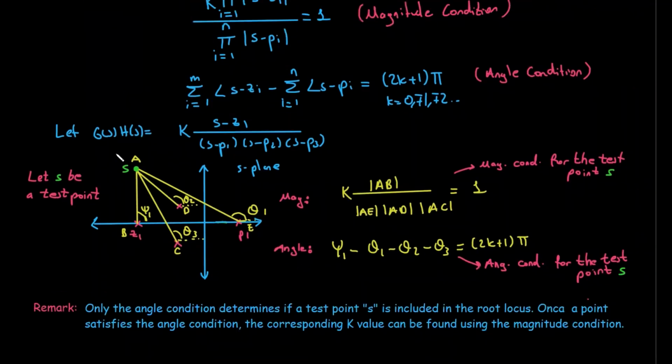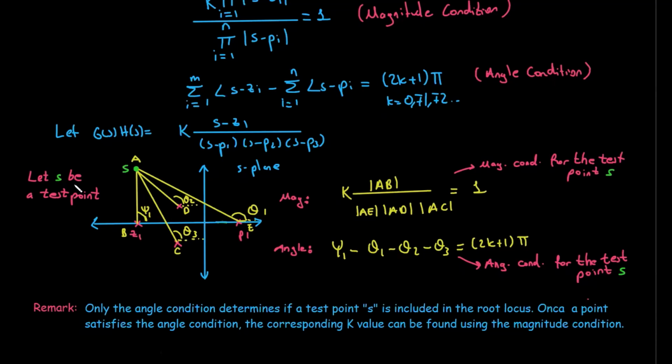So suppose we are given a test point S and we would like to find if that test point S is included in the root locus or not. If it is included in the root locus, that means by changing the value of k, I can bring the closed loop poles to that chosen test point.